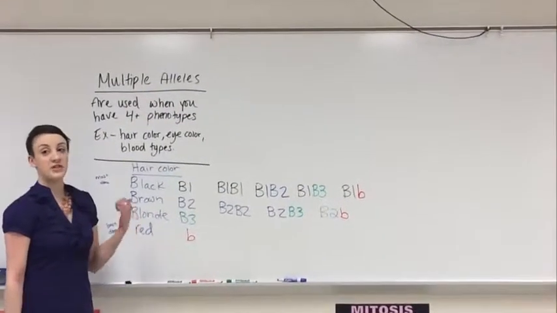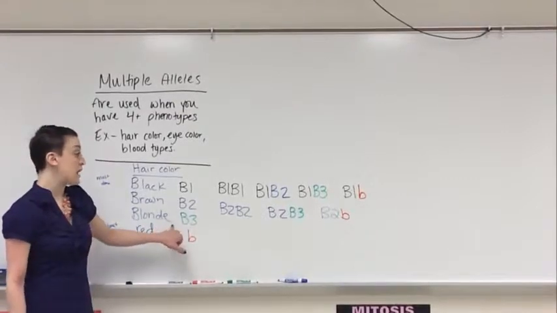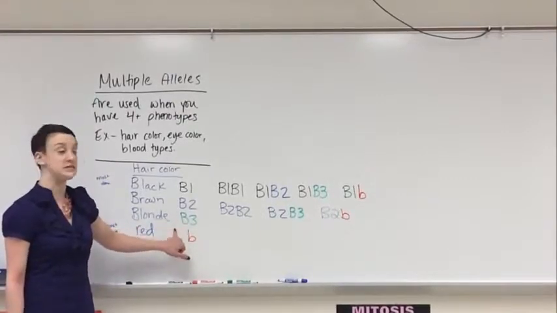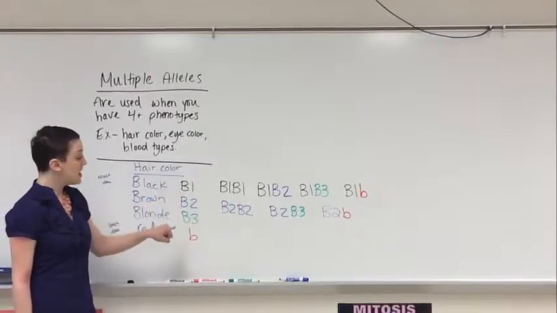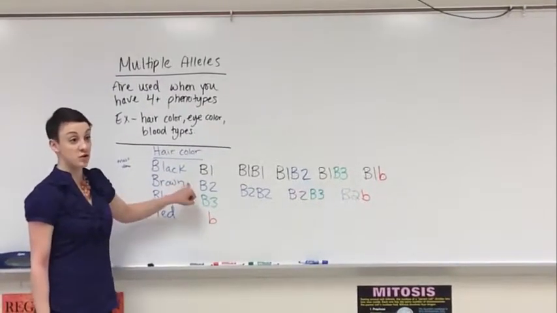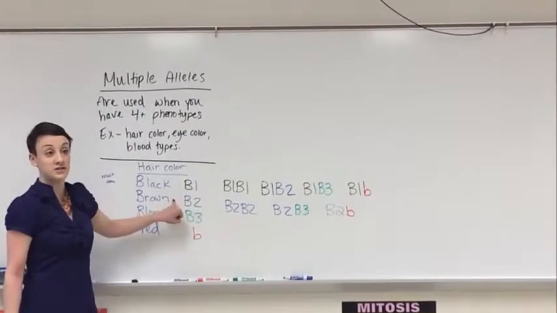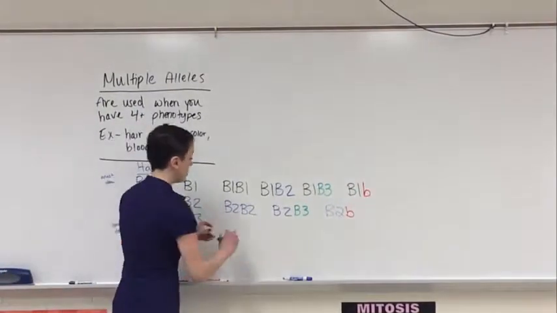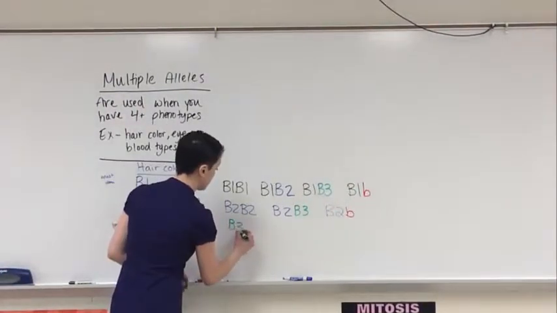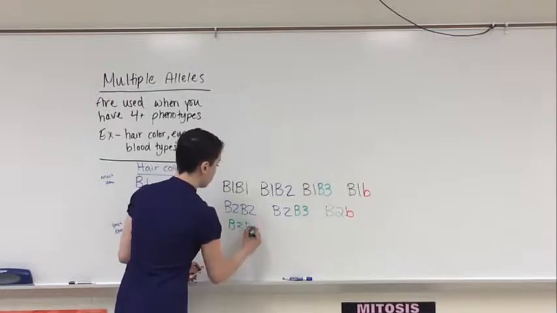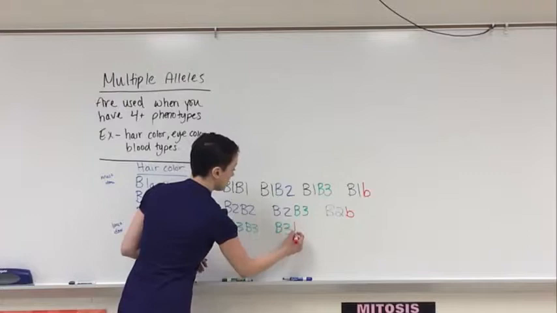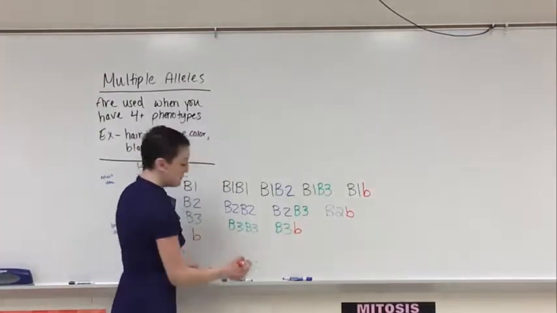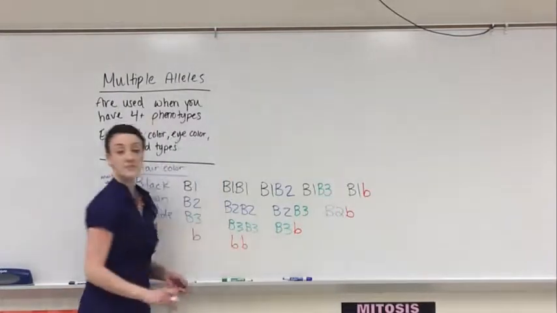So much like with the brown hair, you cannot be for blonde B3, B1 because B1 still signifies a more dominant allele. You can't be B3, B2 because that would mean you would have brown hair because you still have a B2. But you can be B3, B3, or B3, little b. And down here with red, that only leaves me two little b's.